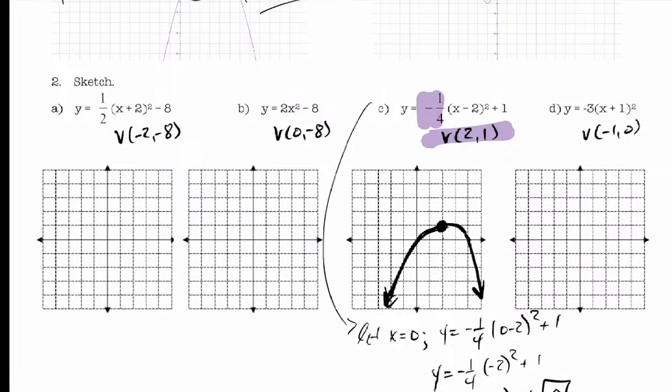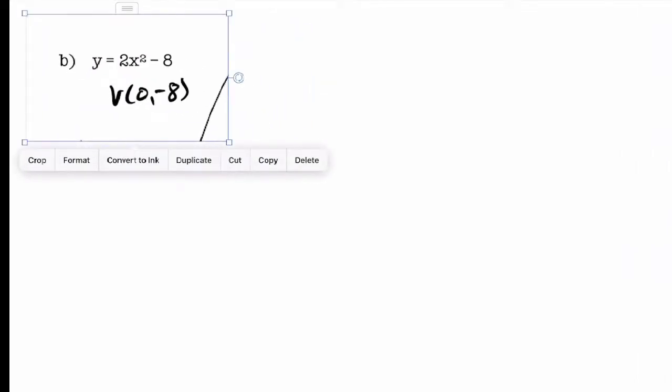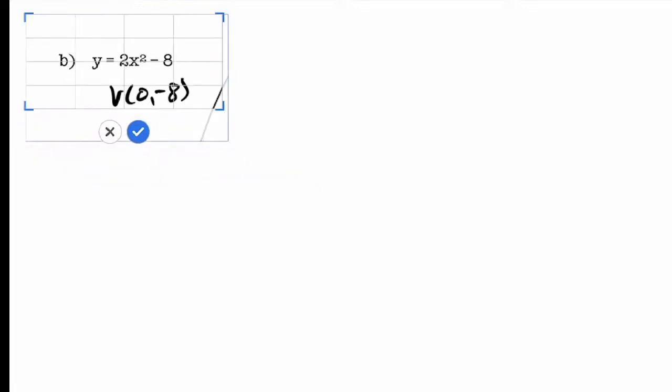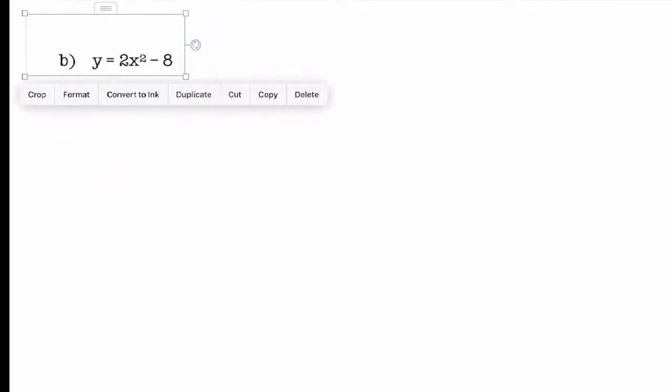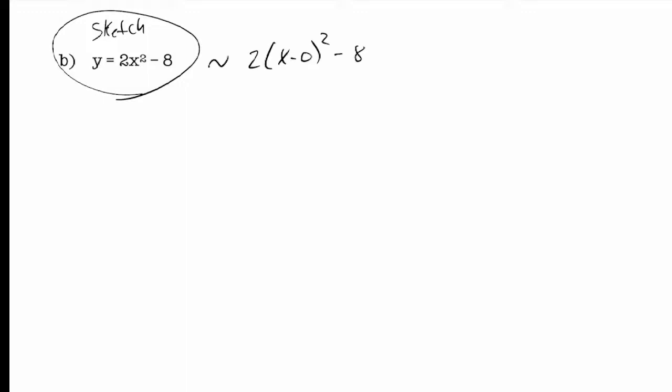You know, Lena, the only thing I'm really looking for here is, let's grab one of these. Let's take a look at this one. The only thing I'm looking for with something like this is, if I gave you this and the question said sketch, I'd want you to say, okay, well, I can write this in vertex form, for instance.